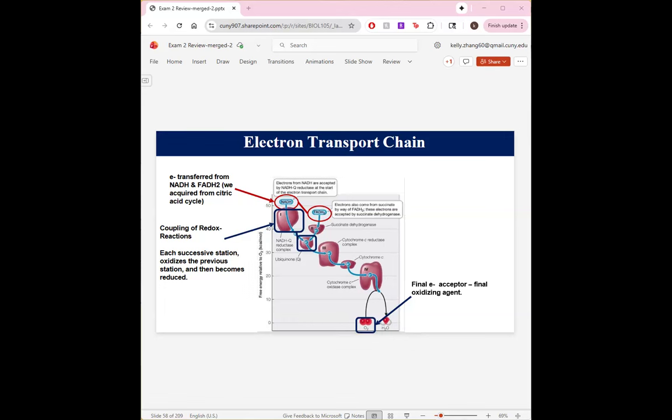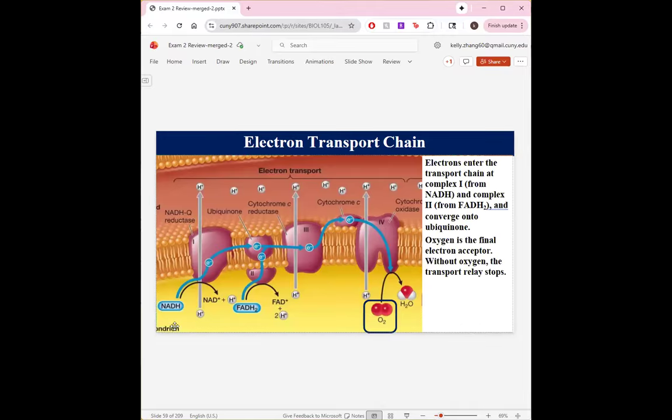The last step is the electrons are passed to oxygen, O2, which is the final electron acceptor and the oxidizing agent. This leads to the reduction of oxygen. The transport chain stops without oxygen, which is why our bodies need oxygen. The slide shows all the steps we just went over in a more visual representation in the mitochondrial membrane.